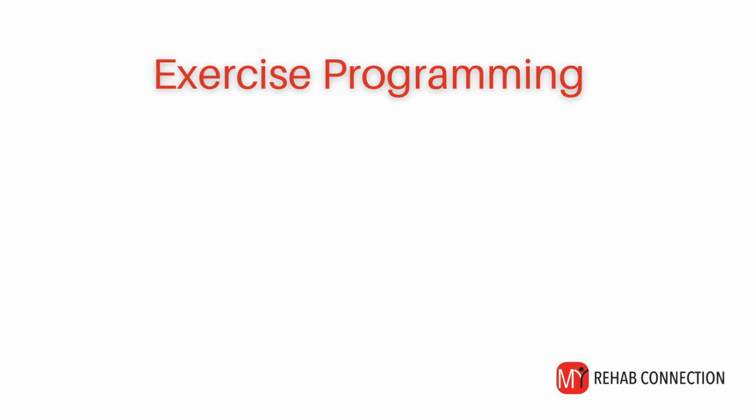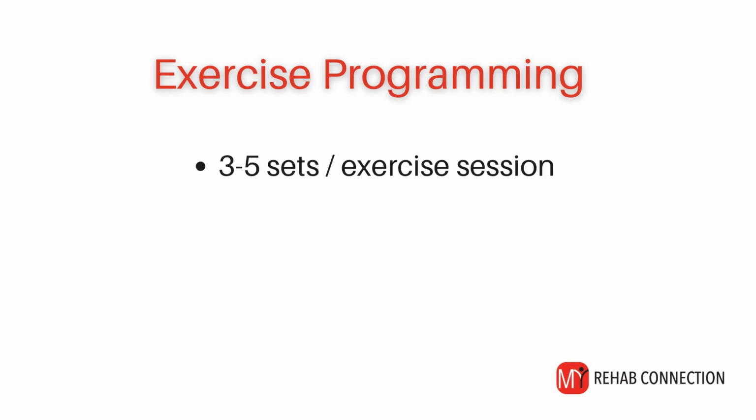So now that we've reviewed the exercises themselves, let's take a moment to talk about programming and progression criteria. First, as we're trying to target strength, we need to make sure we are creating a sufficient exercise stimulus. So here we're typically going to prescribe 3 to 5 sets per session.